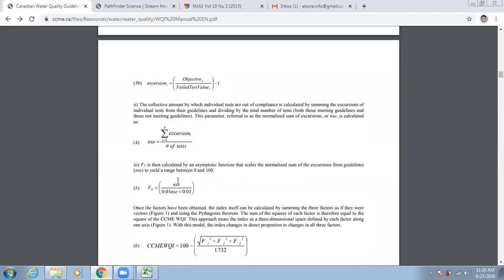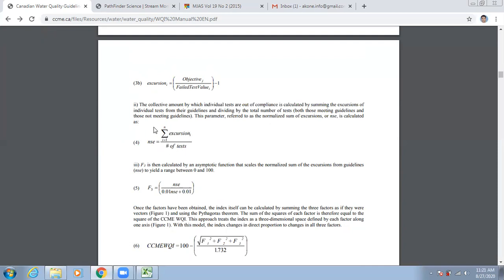And third is the collective amount. For the collective amount, we need to sum up all those excursions: the collective amount by which individual tests are out of compliance is calculated by summing all the excursions of individual tests from their guideline, or IS 10500, and dividing by the total number of tests.